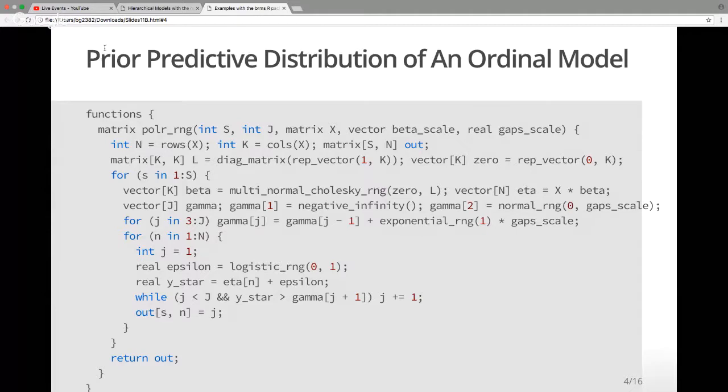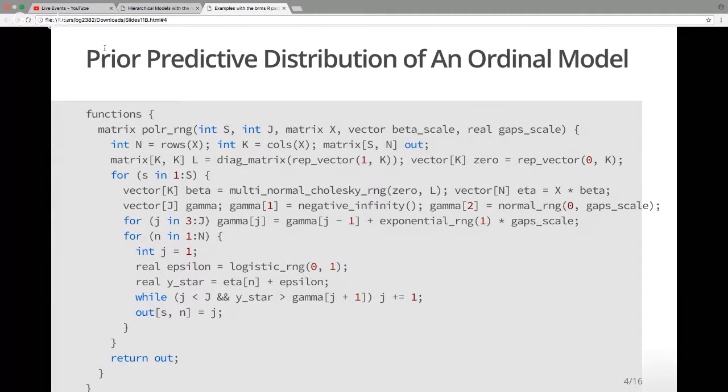I start the loop over the number of simulations, so s equals 1, s equals 2, up to S. In each simulation, I'm drawing a vector of size K, in this case from a multivariate normal distribution, with expectation being a zero vector, and the Cholesky factor of that multivariate normal distribution being the aforementioned L, or maybe L that has beta scale on it instead of a vector of ones.